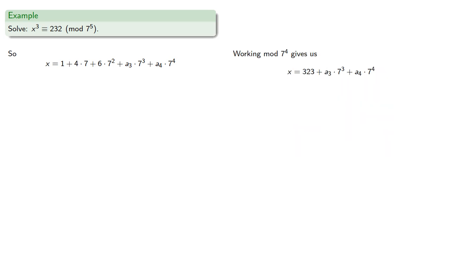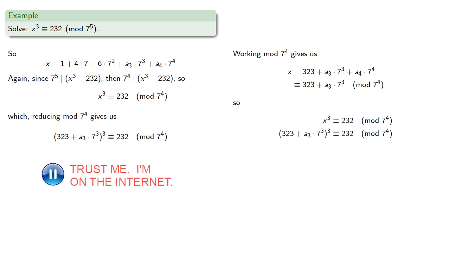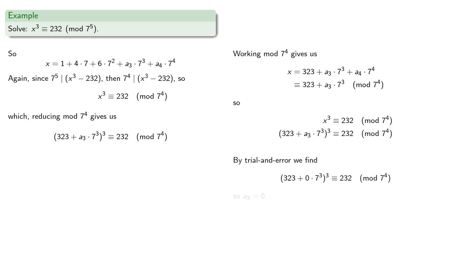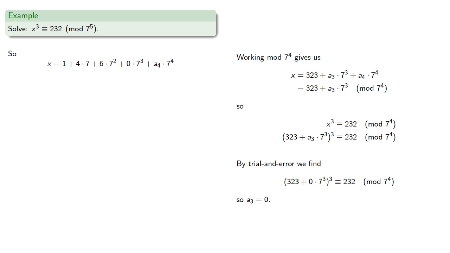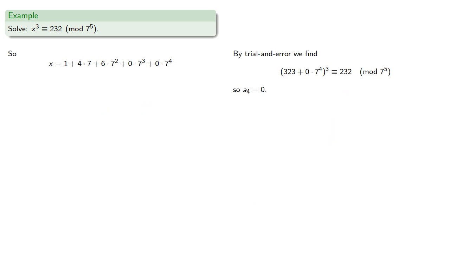Working mod 7 to the 4th eliminates that last term, and so we get, and again, by trial and error, we find that the next digit is 0. So x will be, working mod 7 to the 5th gives us, and we find a4 is 0 as a solution, and so we have x. And we verify that 323 cubed is in fact congruent to 232 mod 7 to the 5th.